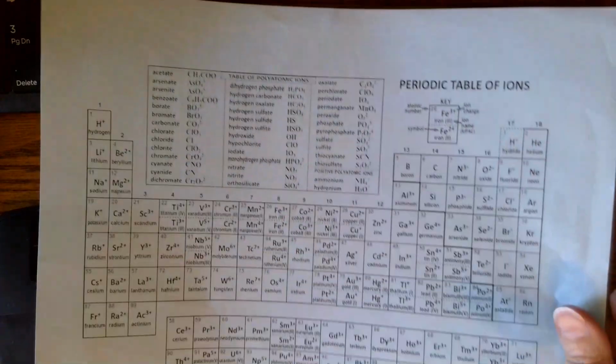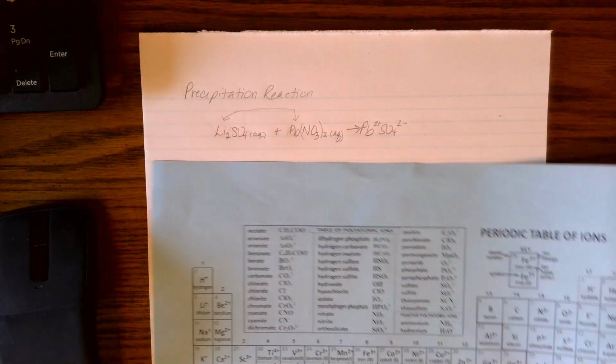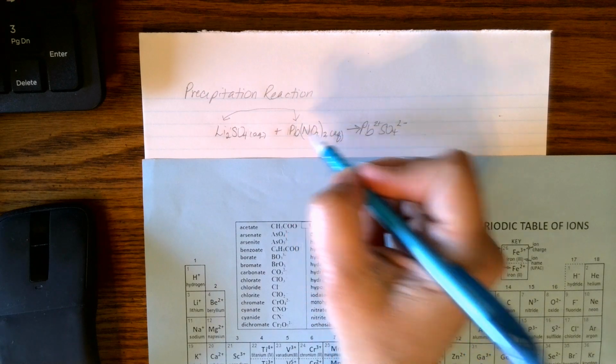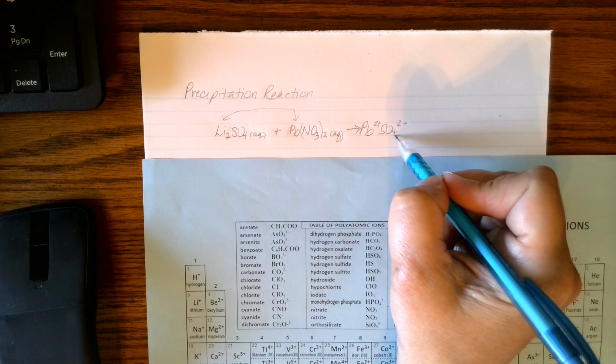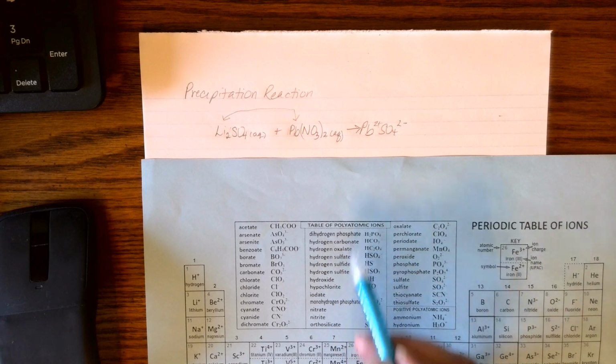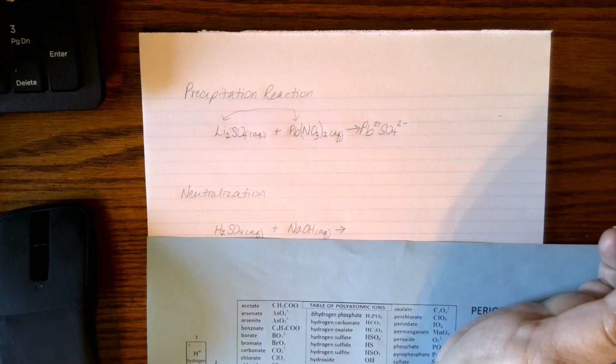Since there were two of the NO3s, this is a +2, and my SO4, from the polyatomic ions on my periodic table, is a -2. Those add up to 0, so that's a good formula.